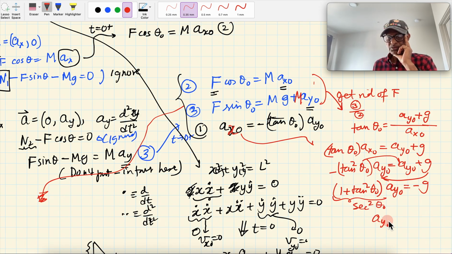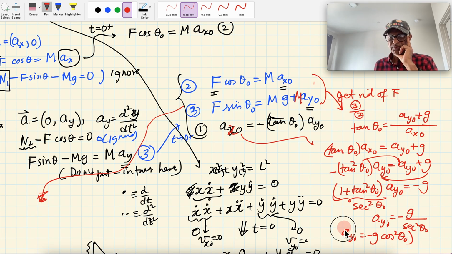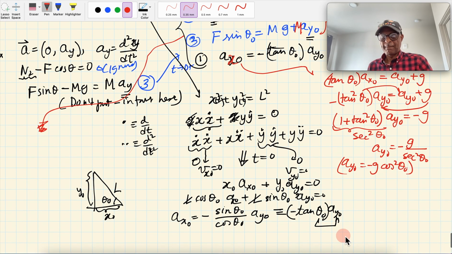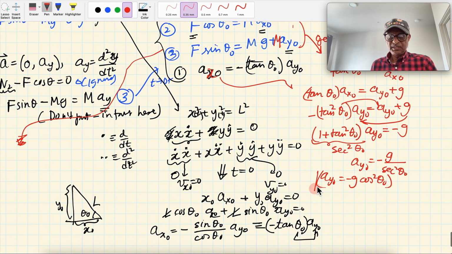So a y0 equals minus g over sec squared theta 0, or a y0 equals minus g cosine squared theta 0. So that's one answer.